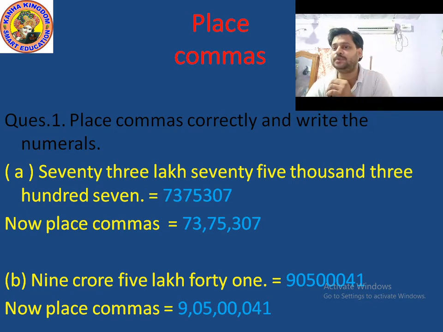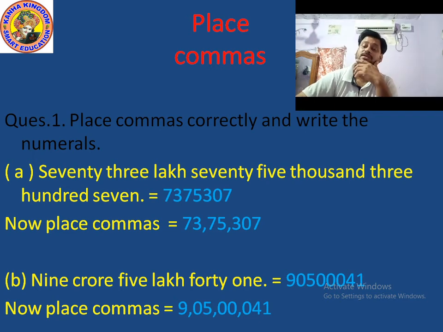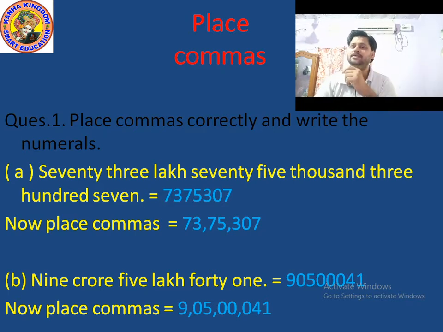Here also 2 place values, but no digit in the thousand period. Both place values are vacant, and when place values are vacant you can put 0 in both places. Means 0 in thousands place and 0 in ten thousands place. Okay, now make a comma.